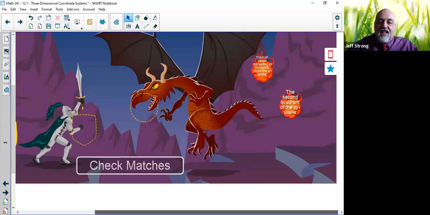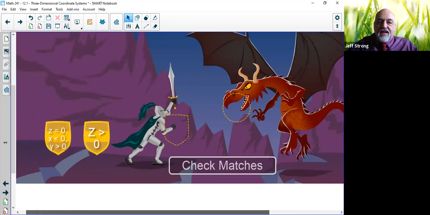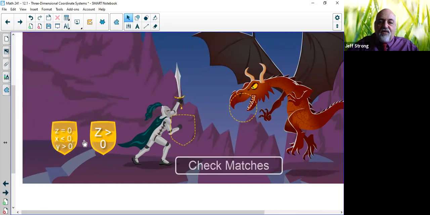Okay, we're going to test all of these here at the end. Okay, so z equals 0. So that's a plane. And then x is negative, y is going to be positive.